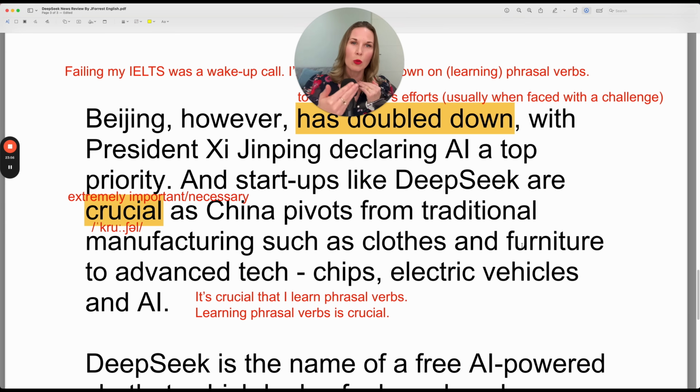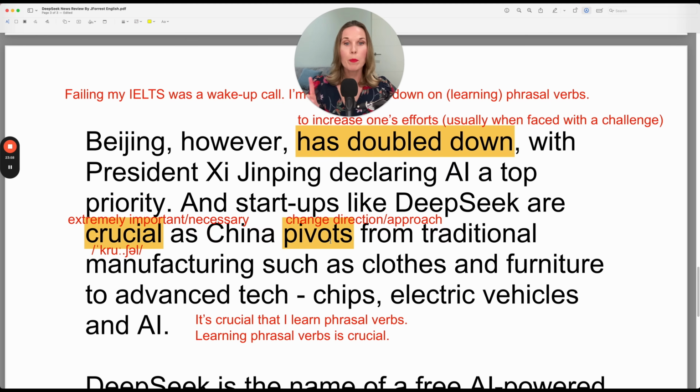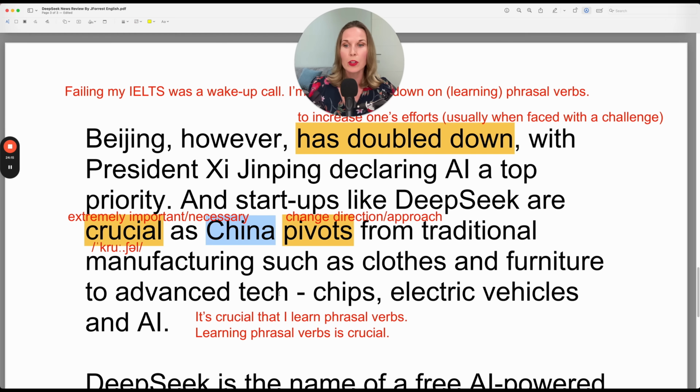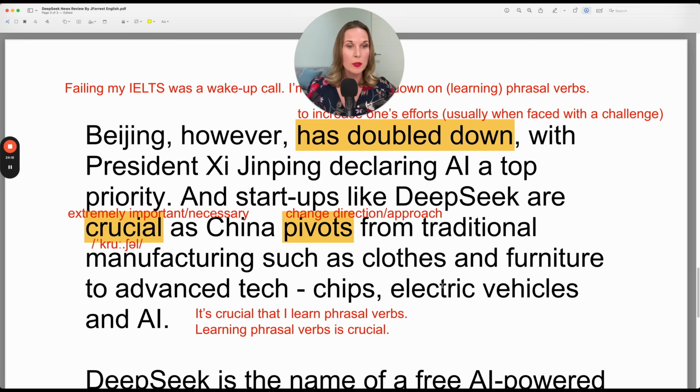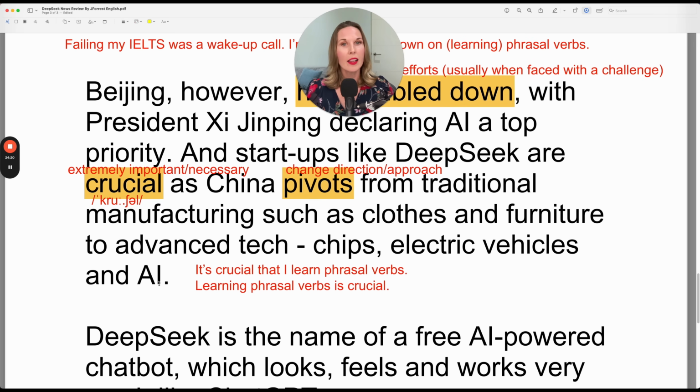So you might want to change directions. And pivot is a verb, so you need to conjugate it. So here it has the S, which shows you that it's third person singular in the present simple because the subject is China. As China pivots from traditional manufacturing, such as clothes and furniture, to advanced tech, chips, electric vehicles, and AI.